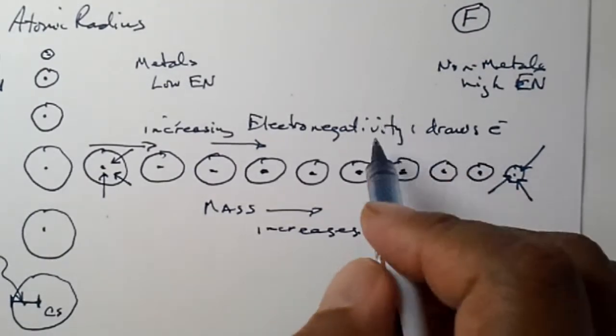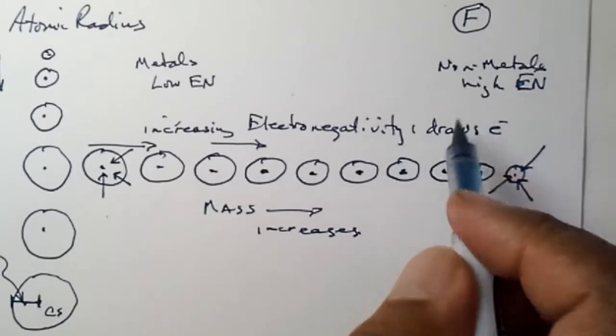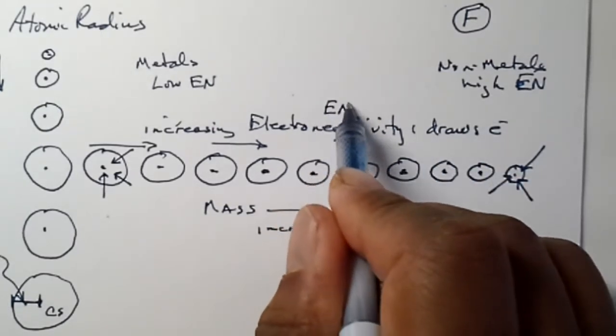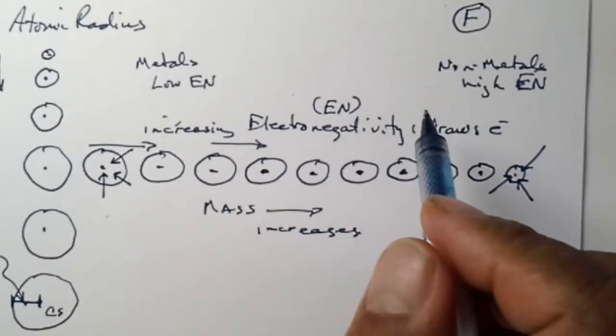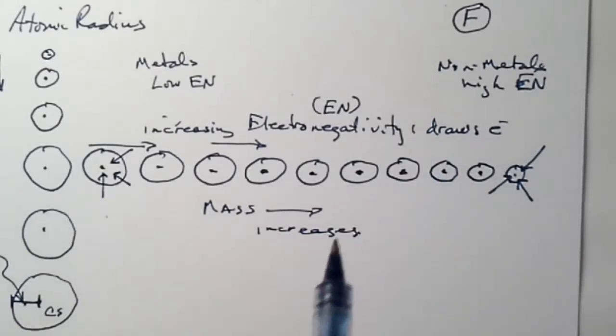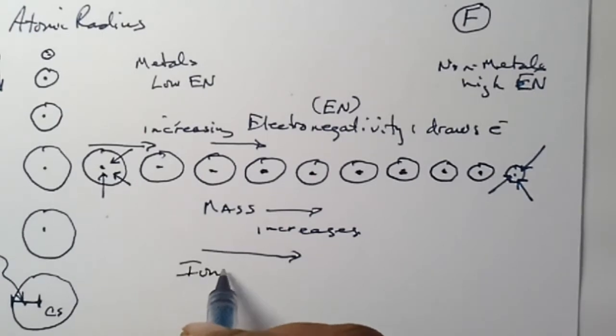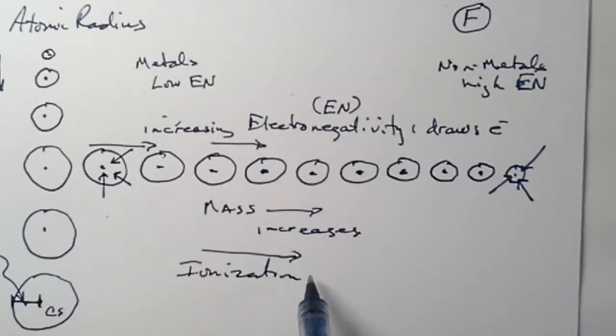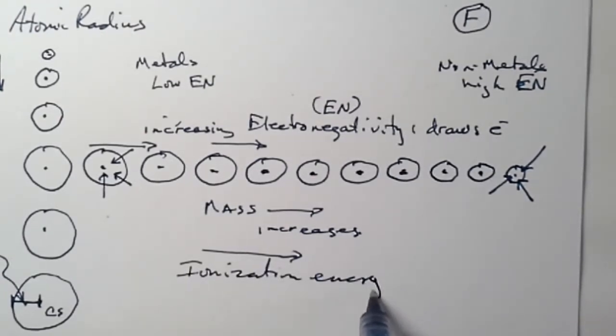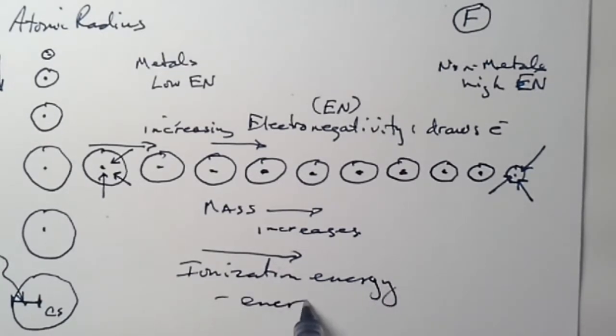We have ionization energy. Ionization energy also increases in this direction. What is that? That's the energy required to remove the valence electrons.